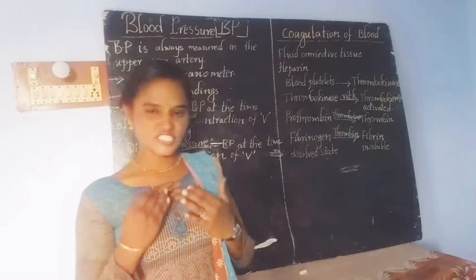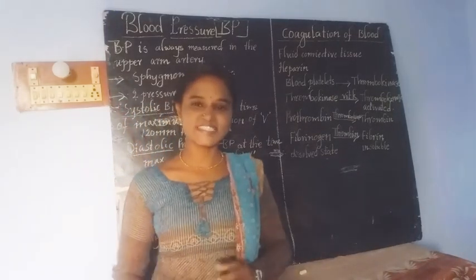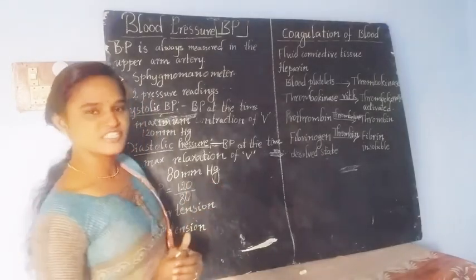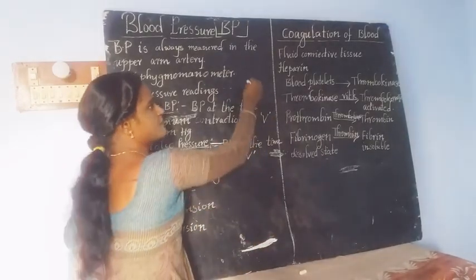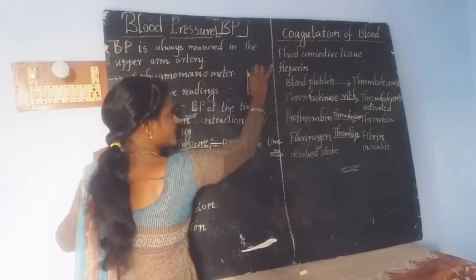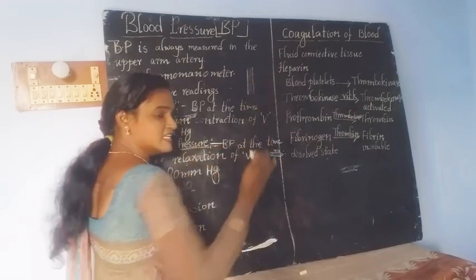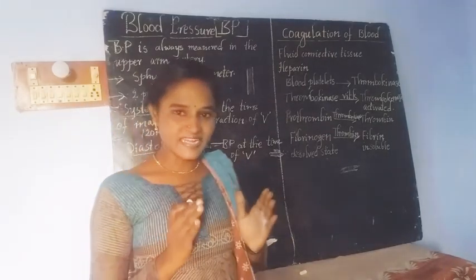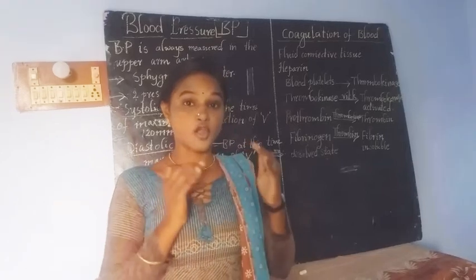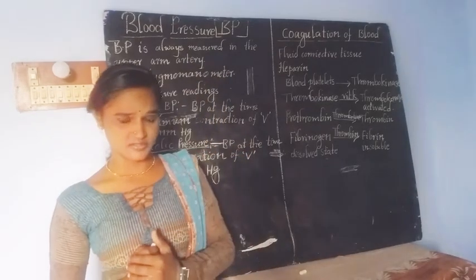First of all, we need to know what blood pressure is. Just listen to me. For example, the blood is passing inside the blood vessel. While it is passing, the blood puts some pressure on the walls of the arteries or blood vessels.